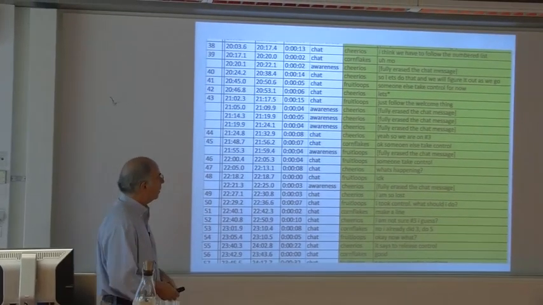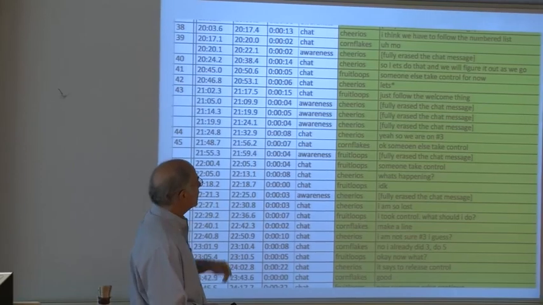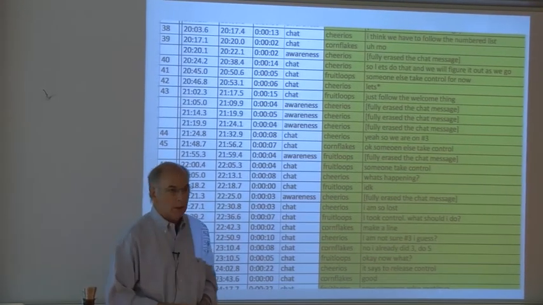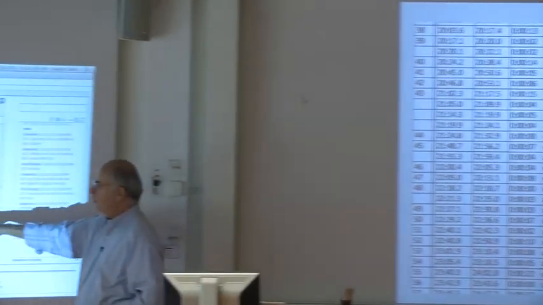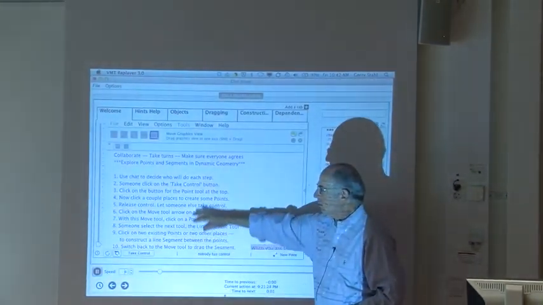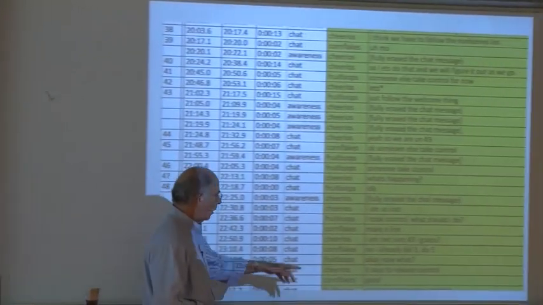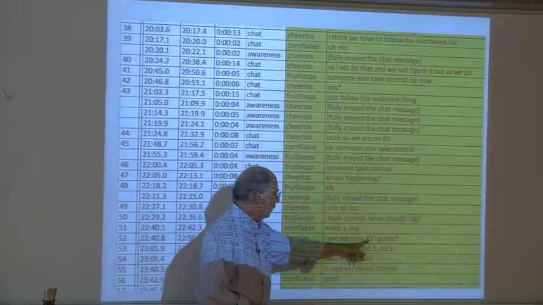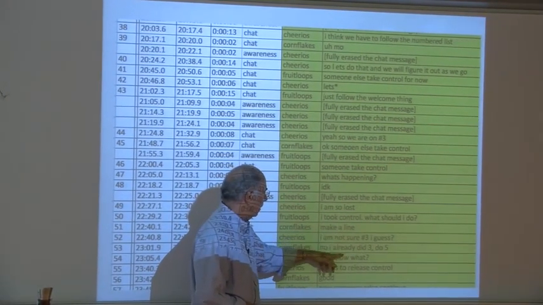So here you see them. Cheerio says, "I think we have to follow the numbered list." Again, they're looking back and making reference to this numbered list, and they'll talk about what step they're on. "I'm not sure, number 3, I guess, or what should I do?" "Number 3?